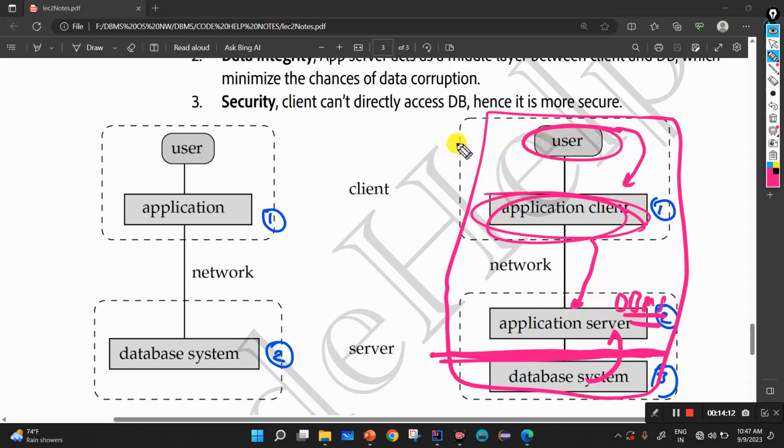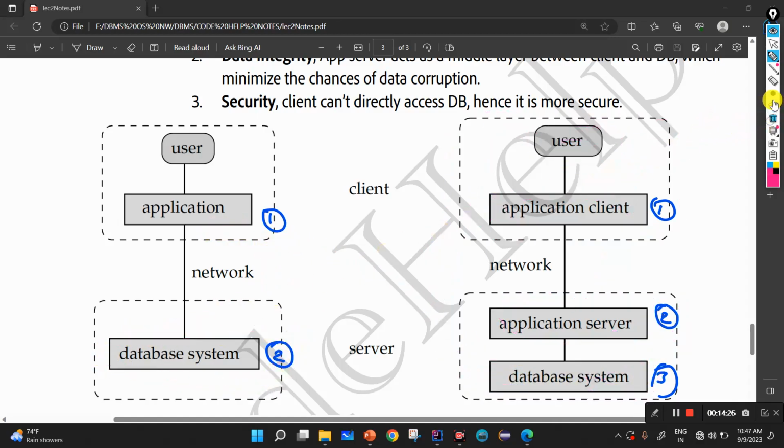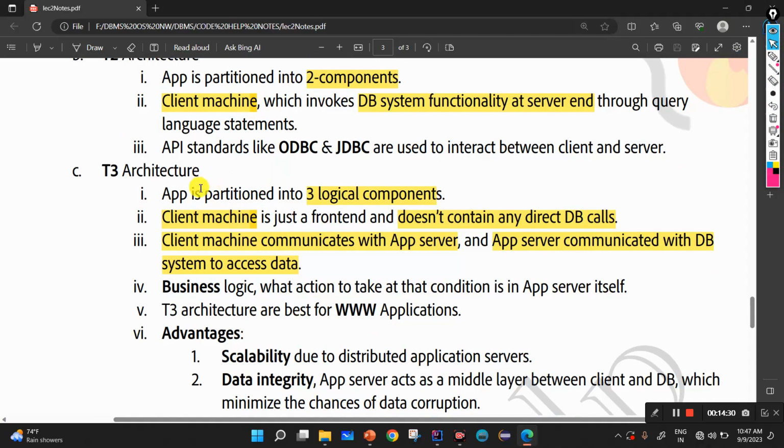So there are three levels: user, application client, and application server, and the last one is the DB system. The DB system is common between all. If you want to learn more, you can read about it.